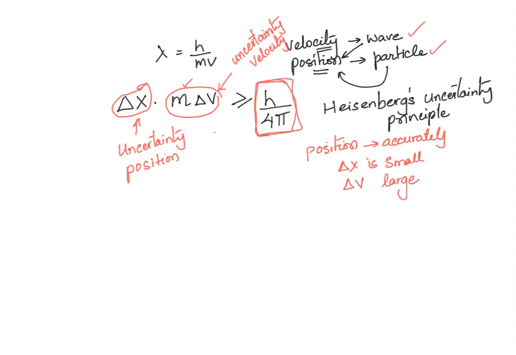On the other hand, if we know the velocity very accurately, that means there's no uncertainty or very little uncertainty in velocity. That means delta v is small.